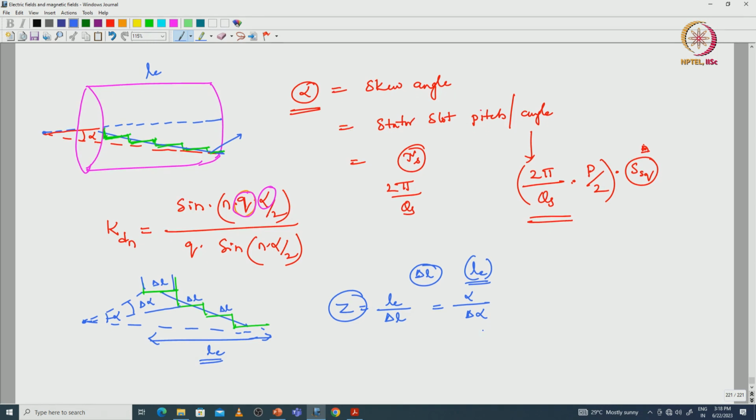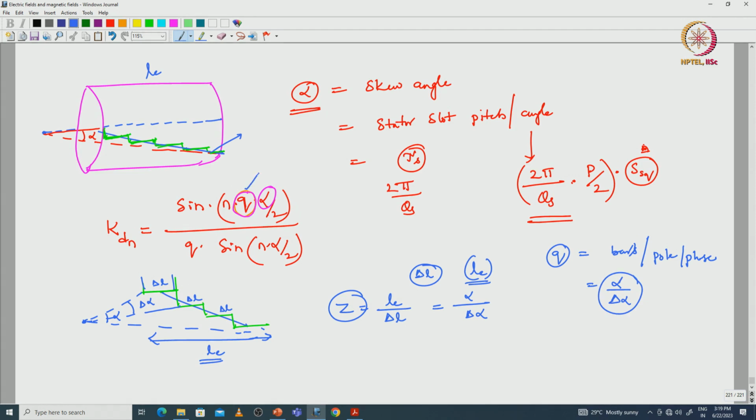With respect to the Q, slots per pole per phase definition, here the slots is nothing but number of small bars, number of bars per pole per phase. Each bar is nothing but one phase, right. Then phase spread is nothing but what? Alpha by delta alpha.